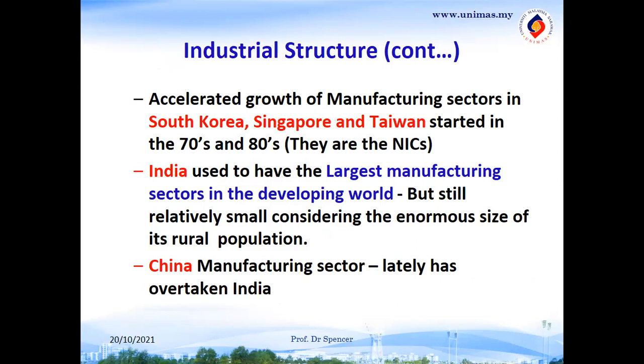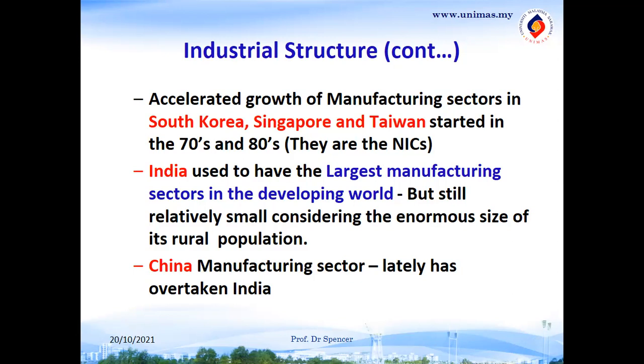India, on the other hand, used to have the largest manufacturing sector in the developing world, but it can still be considered relatively small, considering the enormous size of its rural population. Sebab apa? Sebab kebanyakan penduduknya masih lagi tinggal di kawasan luar bandar di India.